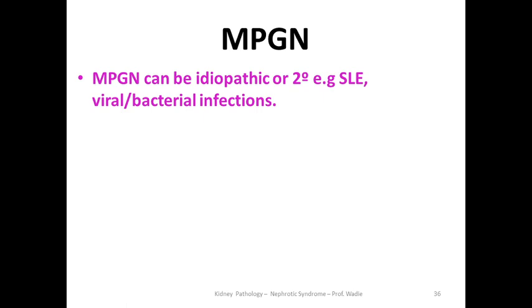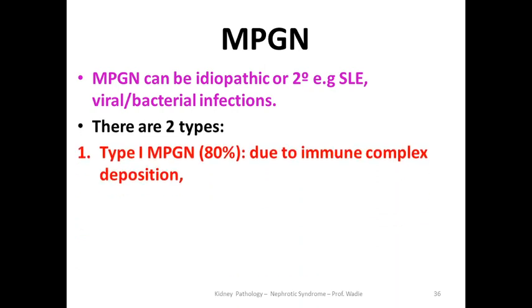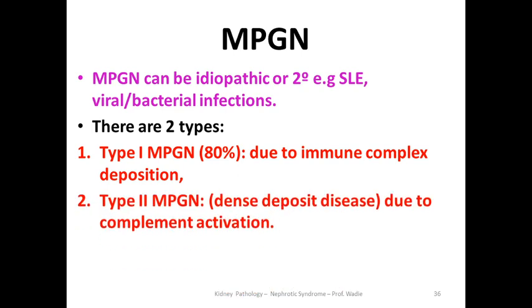So MPGN can be idiopathic or can be secondary, for example, to SLE, viral or bacterial infections. It has two types. Type 1, which is the majority of cases, 80%, is due to immune complex deposition, whereas type 2 membranoproliferative glomerulonephritis is also known as dense deposit disease.